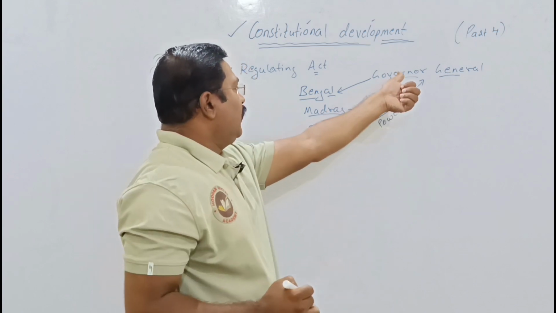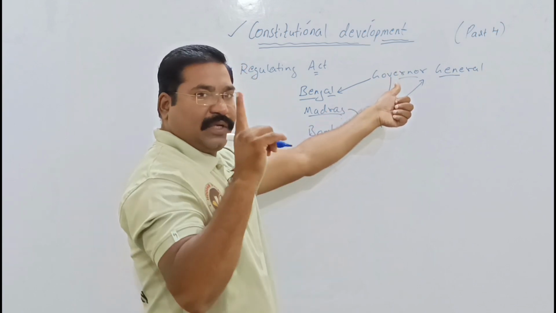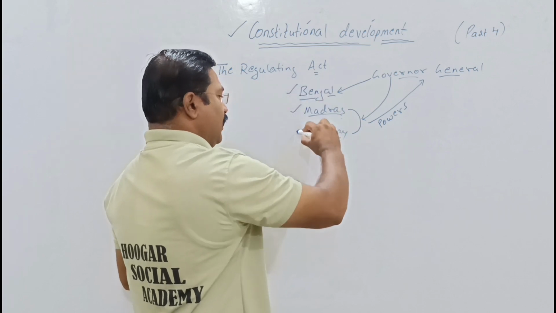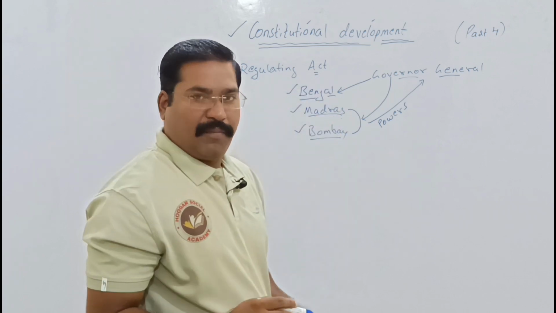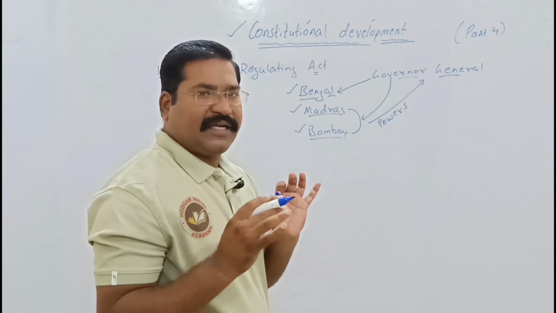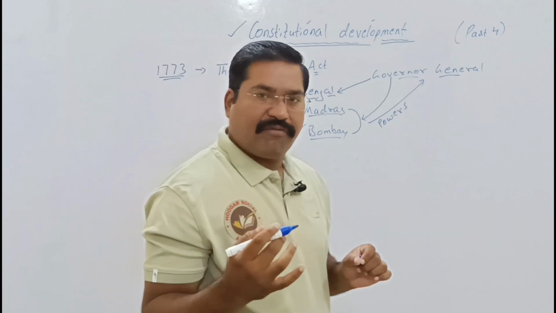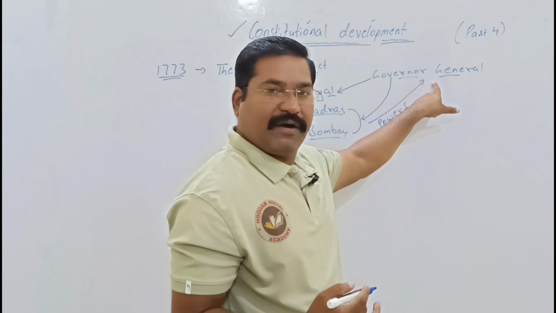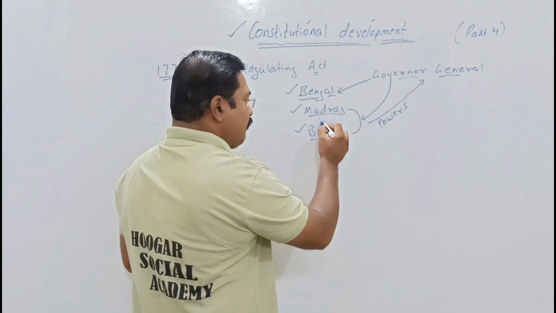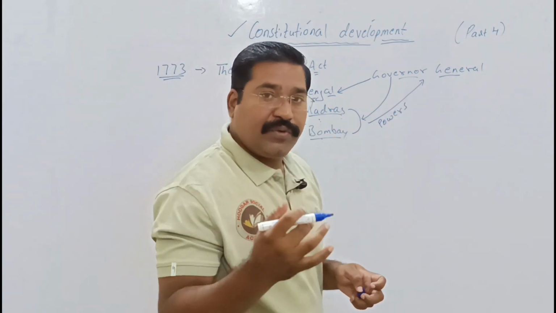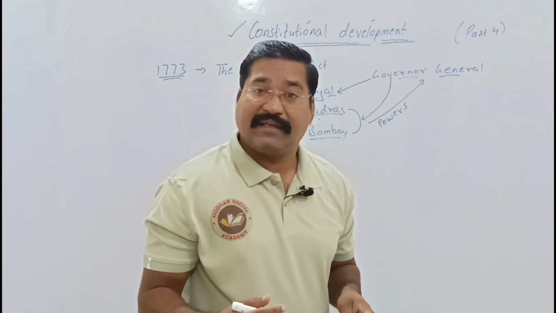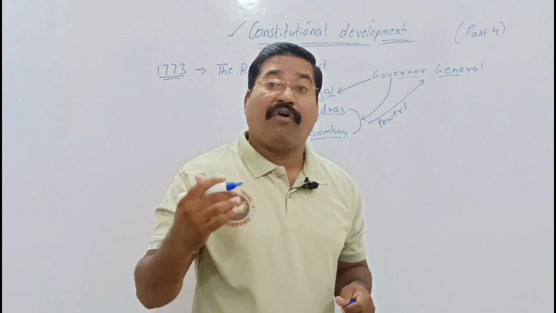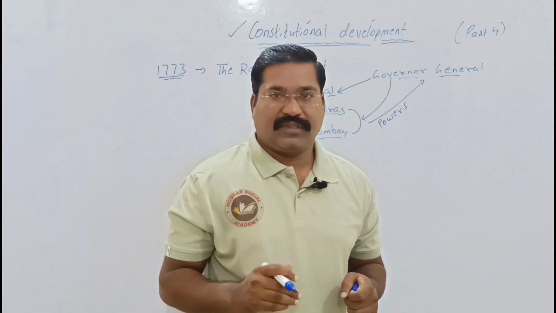Now there is only one Governor General who has authority over Bengal, Madras as well as Bombay. All authority went into his hands, so any decision-making is in the hands of the Governor General. If Madras and Bombay want to make any agreement with neighboring states, or decide to go to war with neighboring states, they can't.